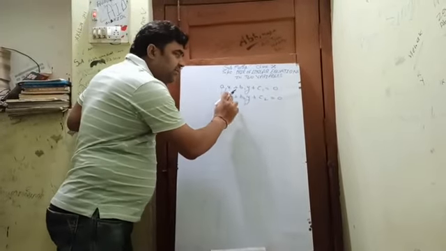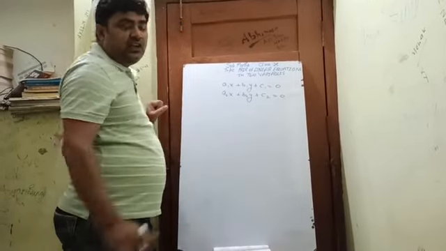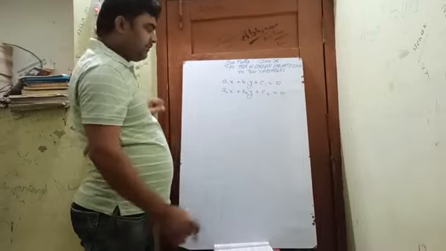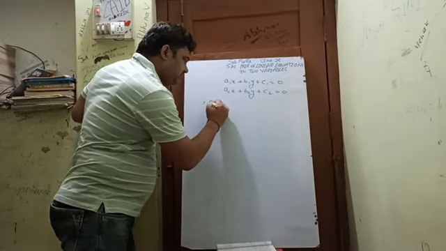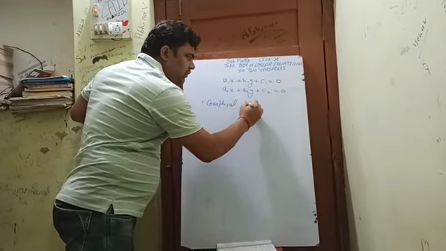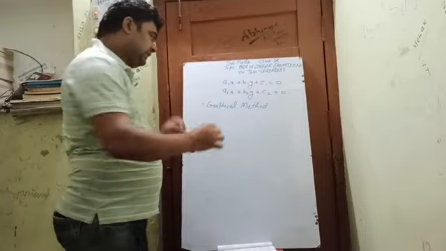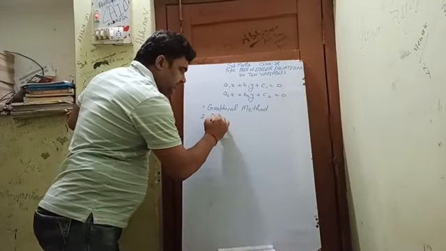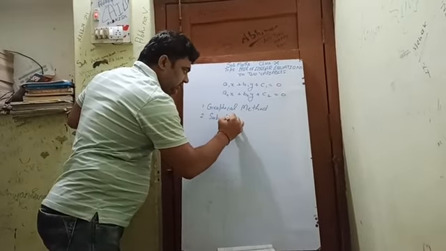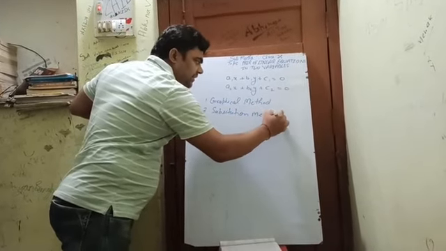So to get the value of x and y, we have different methods. First, graphical method. Second, substitution method.